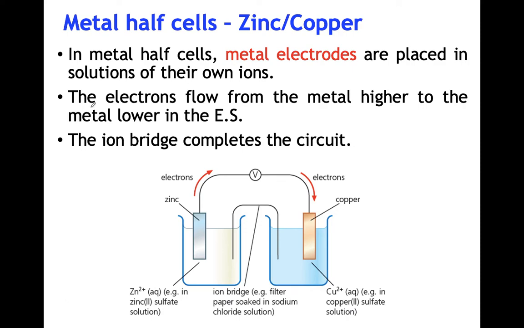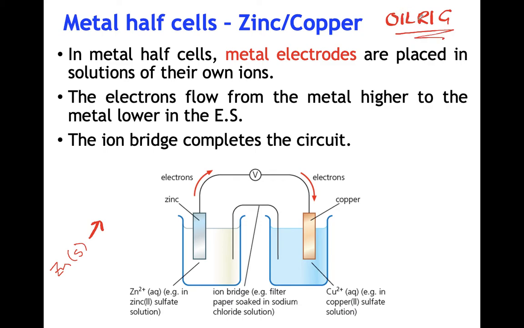So let's think about what's happening at the zinc electrode then. So this zinc metal is going to be losing electrons. So I'm just going to jump up here and remind us of OIL RIG.